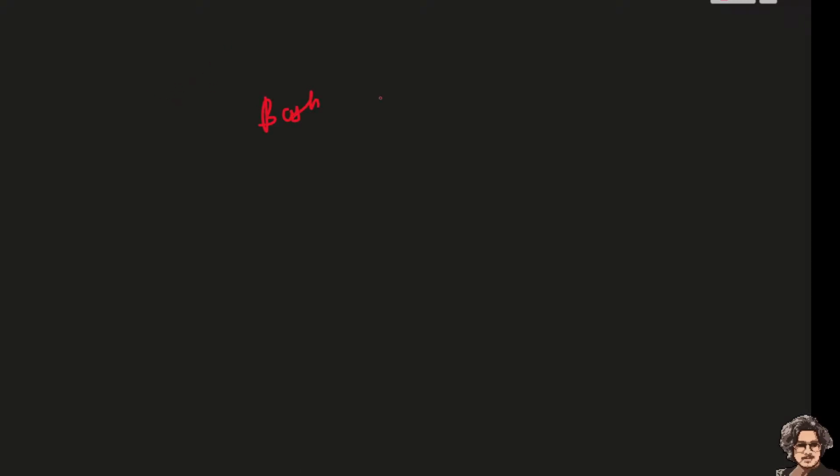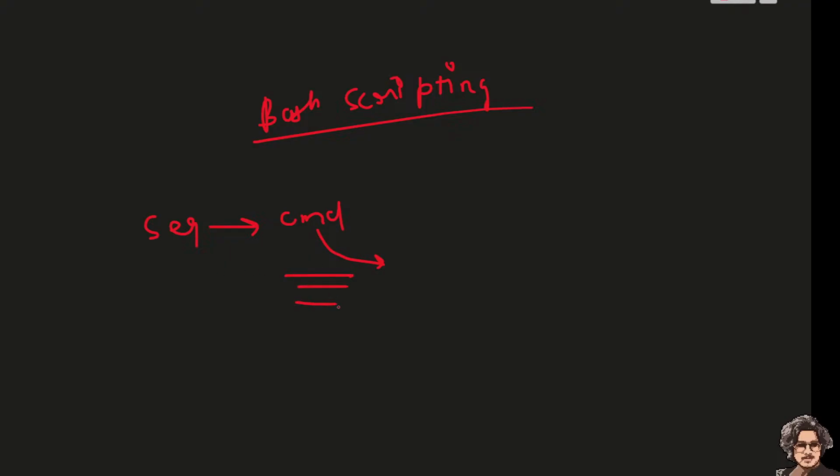Bash scripting is the process of writing a sequence of commands in a file that can be executed together to perform a task automatically. Instead of running the commands one by one in a terminal, the script allows you to execute them in a single step.